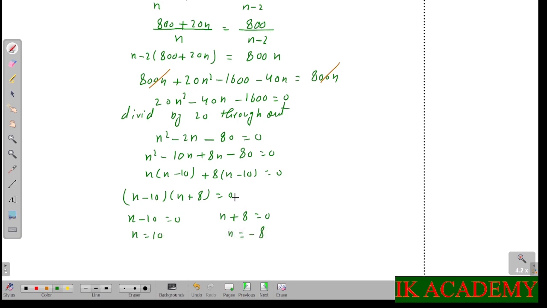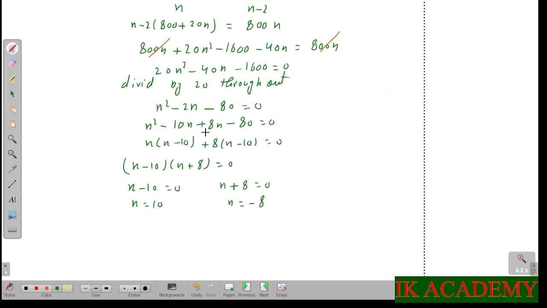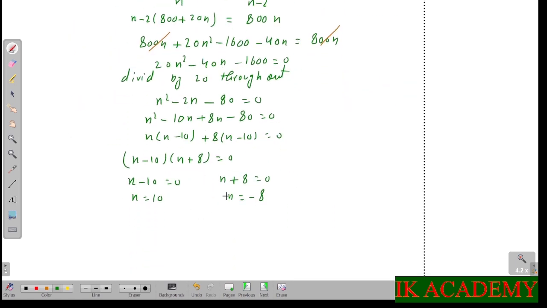In the question we wanted to know how many friends were going on the trip. Because friends are positive integers, we ignore the negative number, because people are not negative. So it means 10 friends were going on the trip.